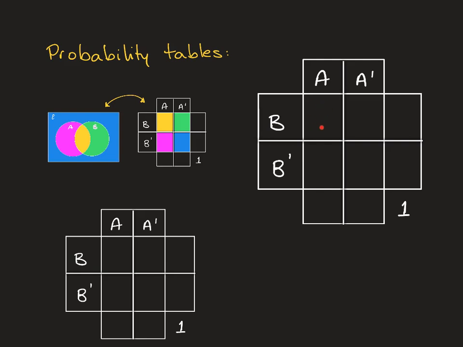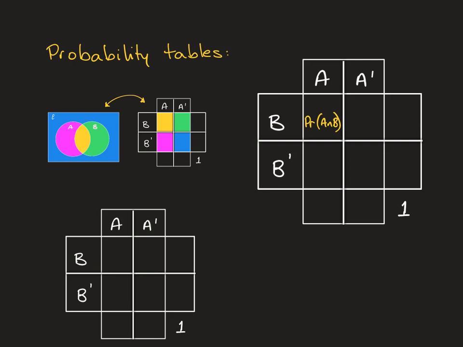For this particular cell, for this particular position in the table, it's the intersection of the column header and the row header. So it is in fact A intersect B or B intersect A, same deal, and it's the yellow section of the Venn diagram.